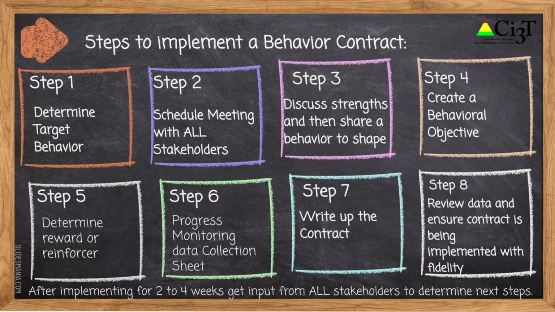Step 3 is discuss the strengths and ensure our behavior shape. Of course, we want to begin the meeting by discussing the strengths that the student has, the positive attributes or accomplishments. Some examples would be, he follows instructions, or he has great, regular attendance, excellent reading skills. Okay, so we have our strengths, and then we want to share what behavior we need to address.